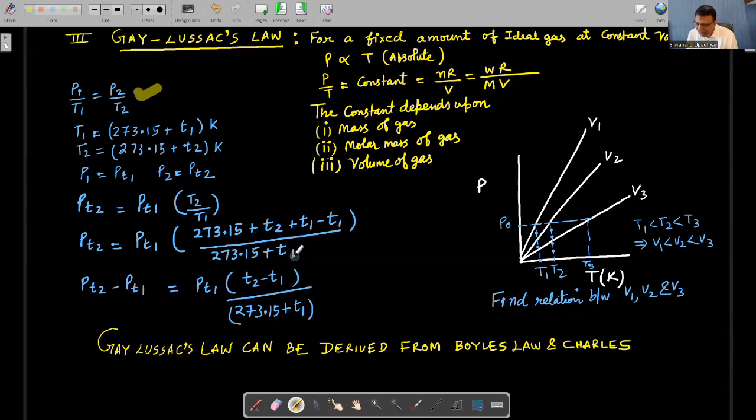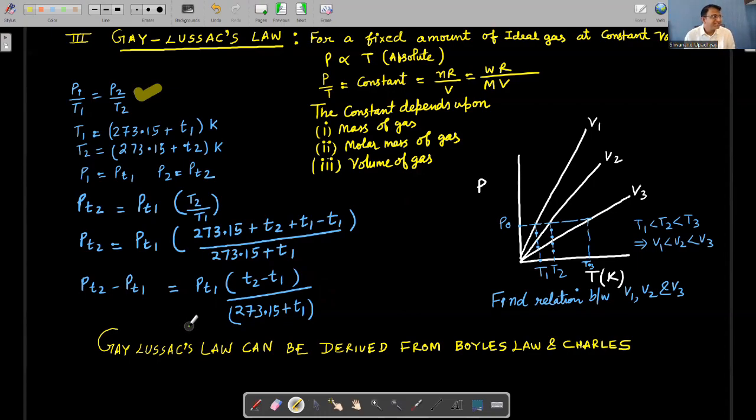So if I simplify here, 273.15 plus T1 in the numerator and denominator is equal to 1. So if I simplify, I can write PT2 minus PT1 is equal to PT1 multiplied by T2 minus T1 upon 273.15 plus T1. So I want to say that sometimes they will not state Gay-Lussac's law in a simple way.